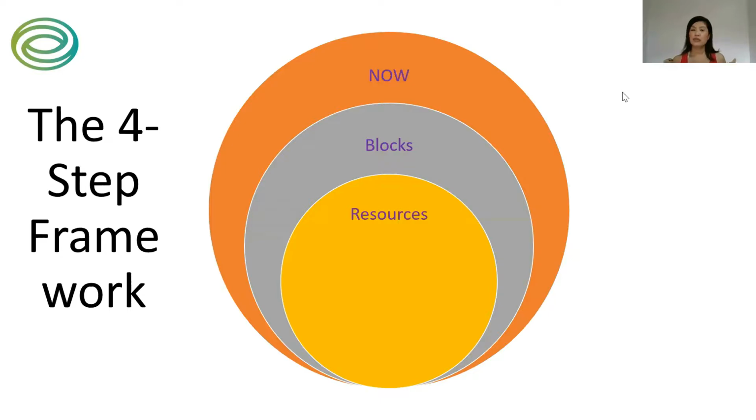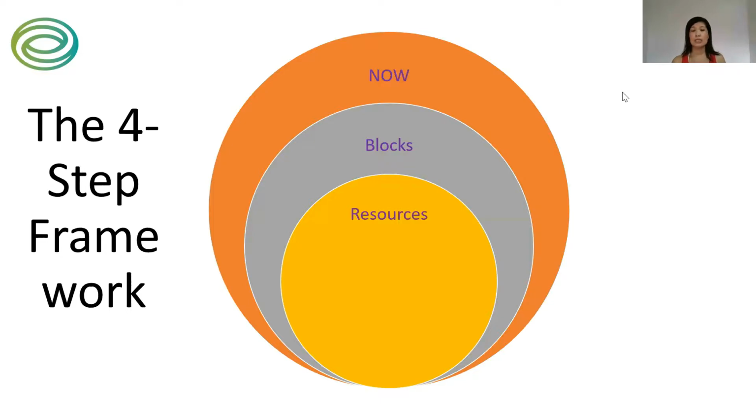In the 4-step framework, step 1 comprises of the now, which is assessing the assets and liabilities of your current situation where you are at point A. I also mentioned the journey to the financial life that you want starts from point A where we are now to point B where our goal is. So step 1 is where you assess where your current assets and liabilities are.